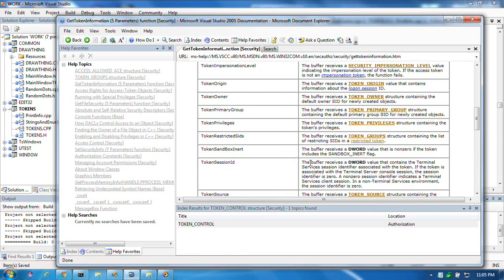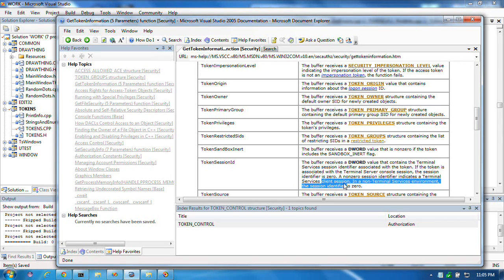That's this here. If the token is associated with a terminal server console session, the identifier would be 0. A non-zero thing indicates a terminal services client session.